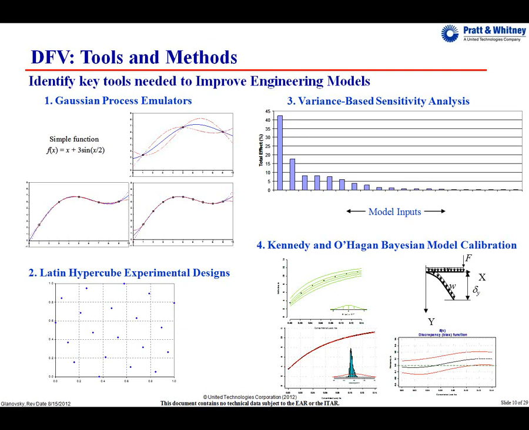Then there's tool number 3, variance-based sensitivity analysis. Like I said, this is something we had the opportunity to create while we're running this Monte Carlo of all these designs. Now, our engineers already knew the idea of a sensitivity analysis, but they weren't usually doing it in a full method. They were doing part-by-part sensitivity analyses, just testing one thing at a time.